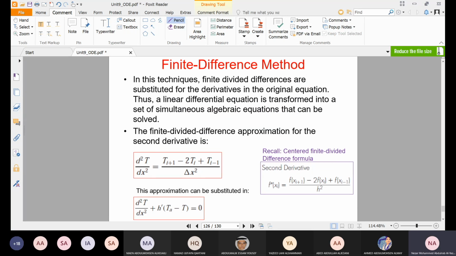So to solve this problem using numerical solution, we need to rewrite the derivative of the function. This is the second derivative of the function, using the central finite difference format that we studied before in chapter 7.